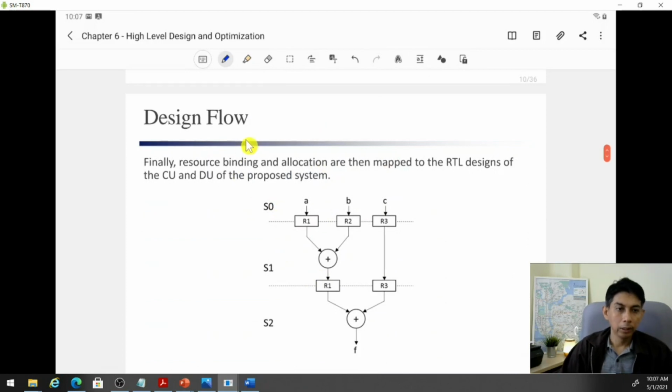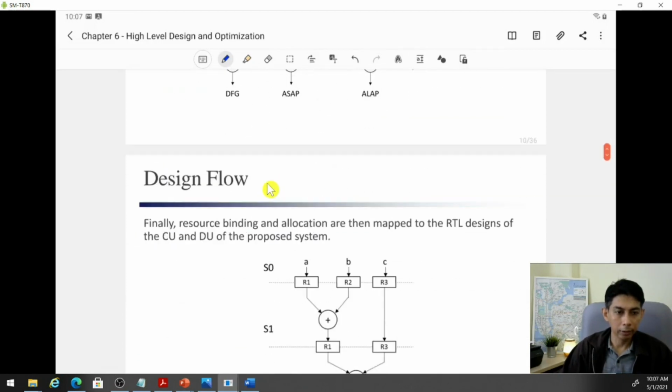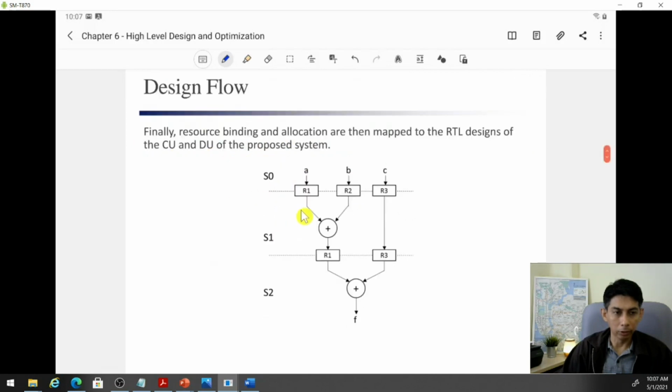Now from the DFG, we need to do the allocation, which is what we call resource binding. For example, the input A, we need to put that A in a register actually, and B also in a register, and C also in a register.